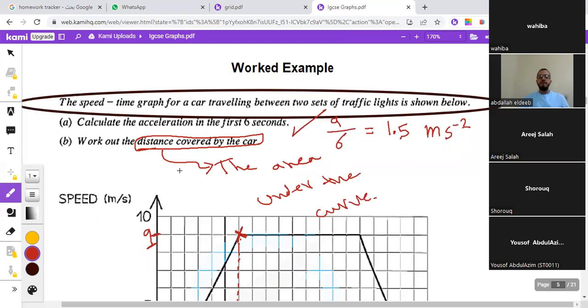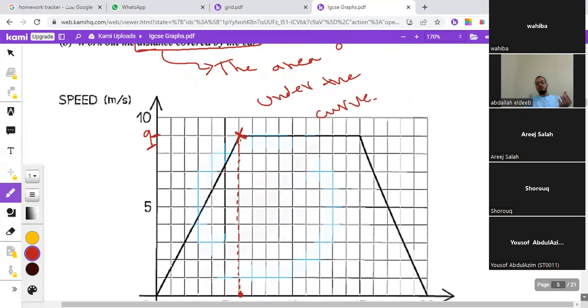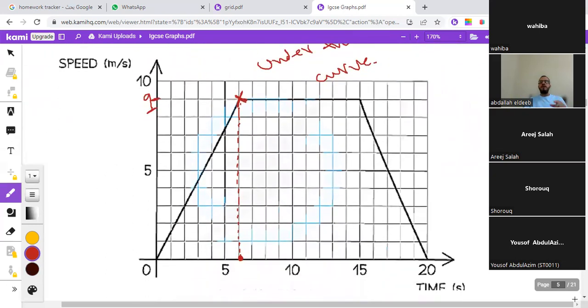Please feel comfortable to use your own way to find the area. Some students will look to the figure as a trapezium, but others can divide the shape into 3 figures, 2 triangles and 1 rectangle.